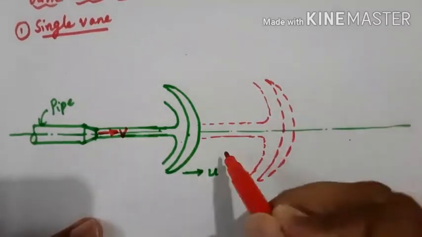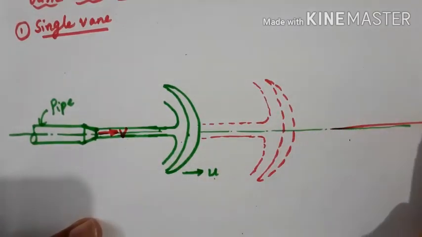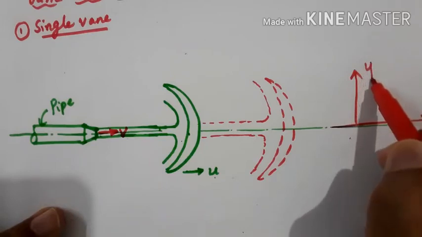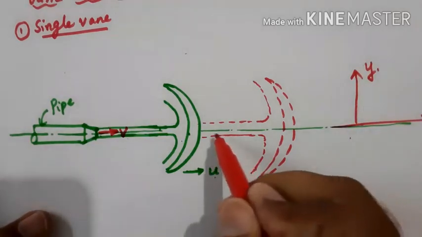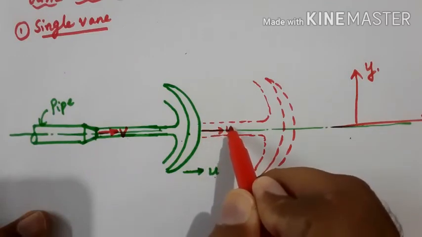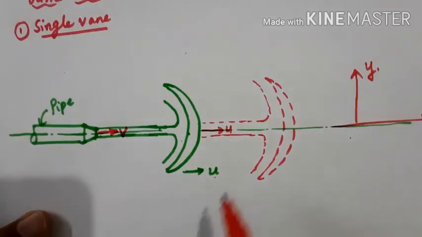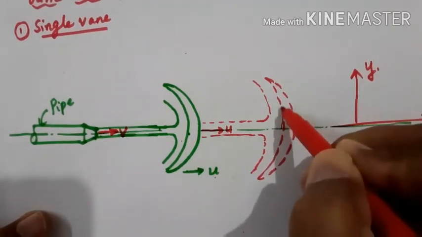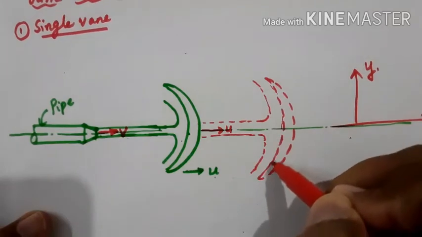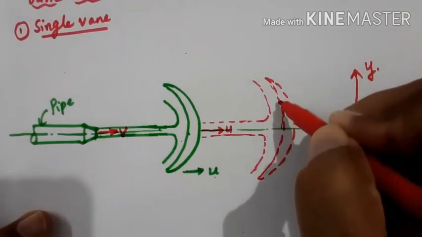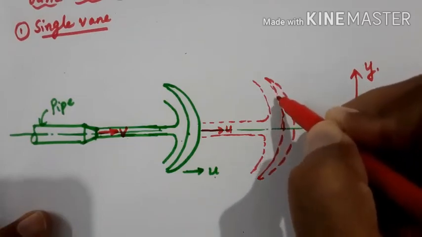Then we have to calculate again the force in x direction as well as the force in y direction. So the velocity of the vane is u here. Then the water will be gliding over the surface after striking the vane, and again, assuming this surface is very smooth, there is no frictional loss.